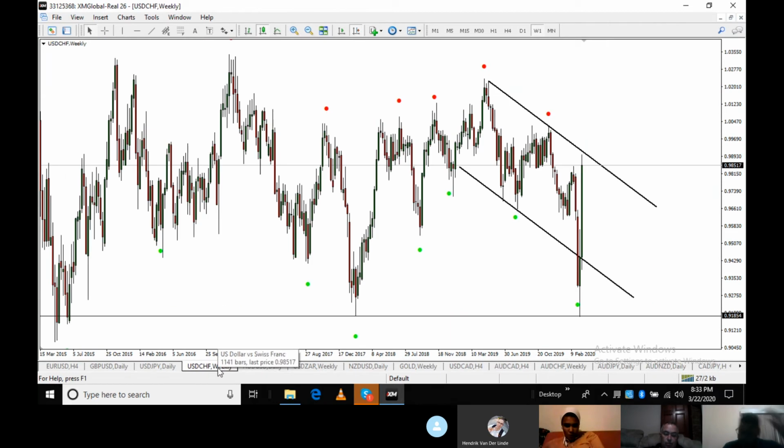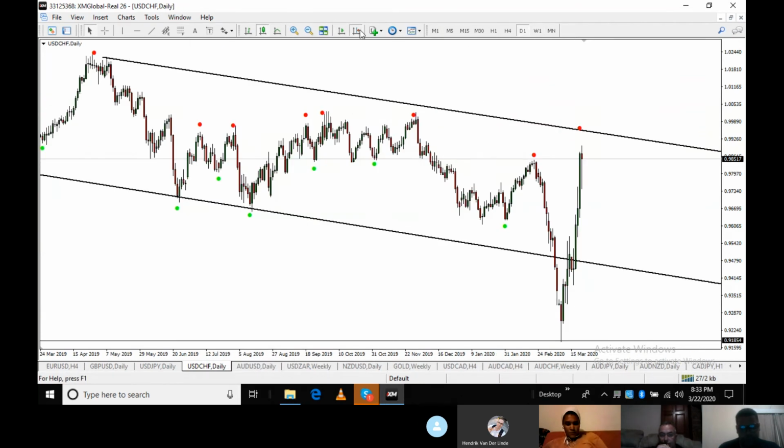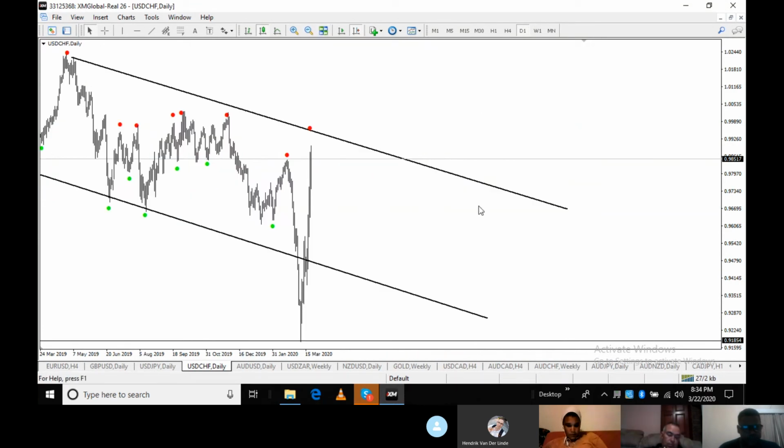Moving on to USDCHF. USDCHF reached a similar place as USDJPY, so I'm currently expecting it to do the same thing. Let me just fix this line quickly.